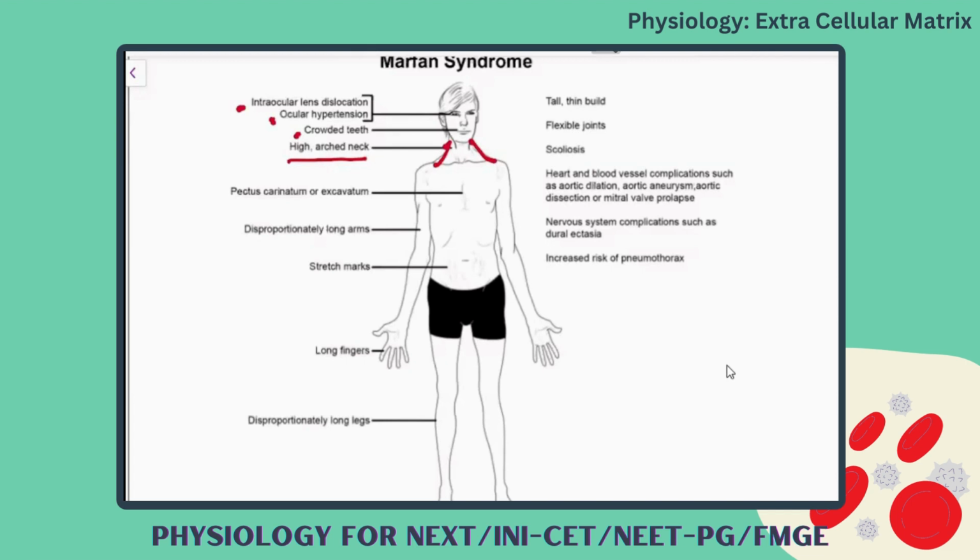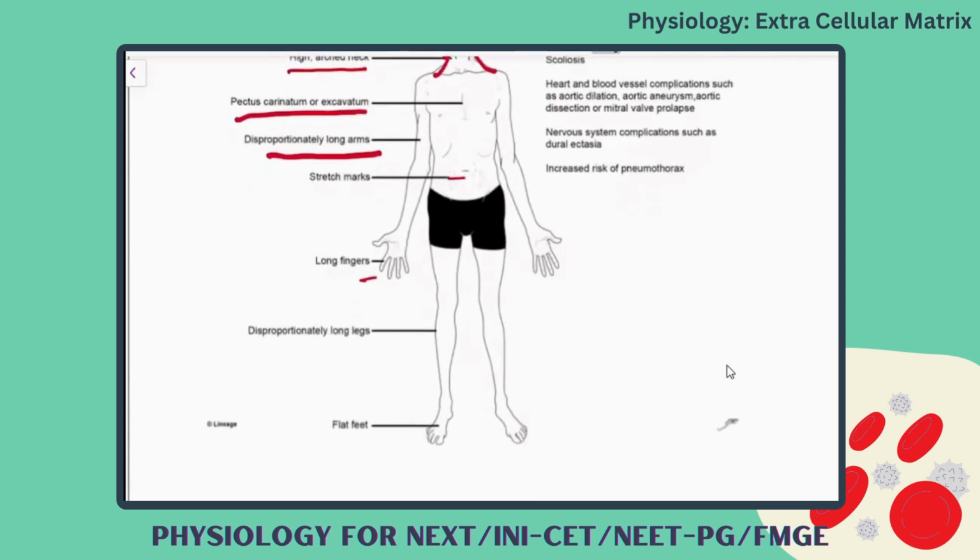Don't mistake it with acromegaly. You have long fingers, stretch marks, and the main thing is pectus carinatum and excavatum. Then you have long arms, most commonly very flat feet, and disproportionately long legs. This is similar to acromegaly.